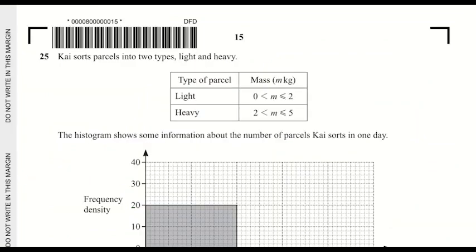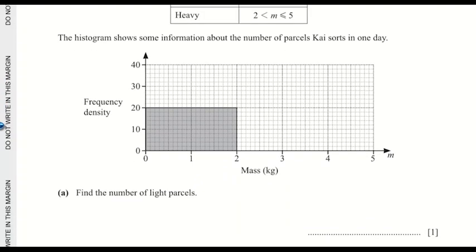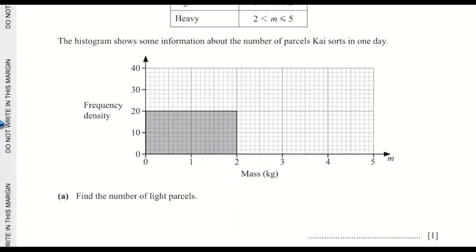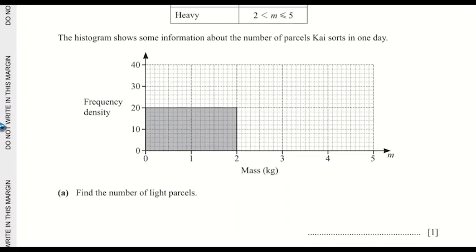The next question will be question 25. Kai sorts parcels into two types, light and heavy. The histogram shows some information about the number of parcels Kai sorts in one day. So let's scroll down and check the histogram. Find the number of light parcels.